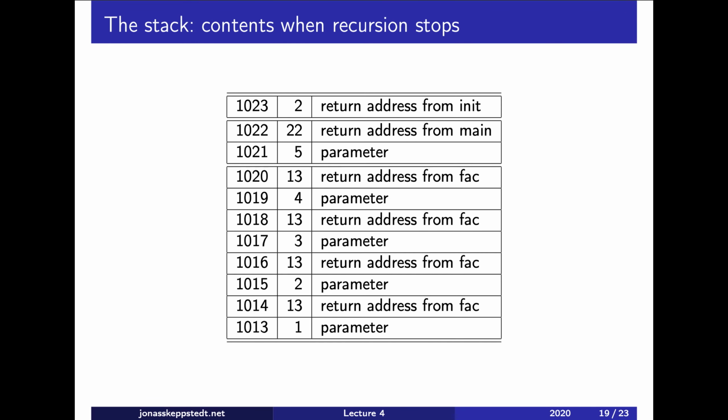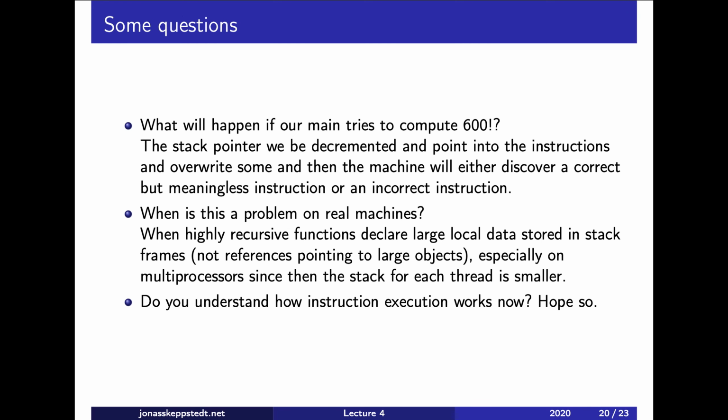Okay. So here we can see how the stack was used. Okay, so let's go through the rest right now. What will happen if main tries to compute a factorial of 600? Well, it will crash.